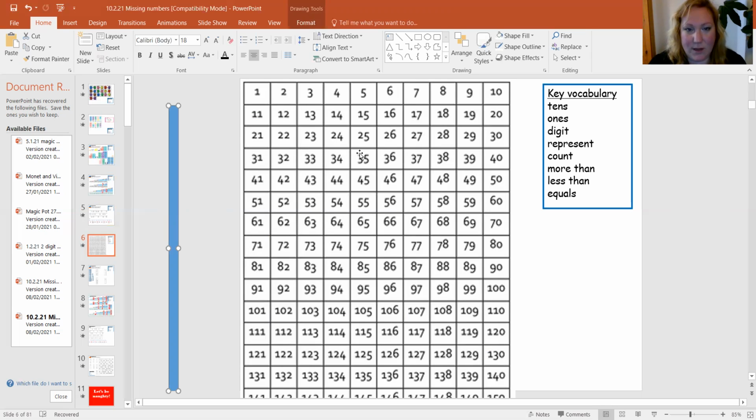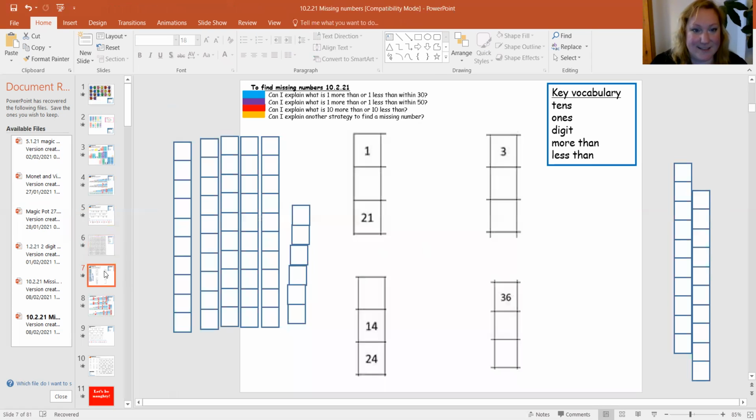Here's my 34. 1, 2, 3, 4, 5, 6, 7, 8, 9, 10. When you go down, it's 10 more. 10 more. 10 more. If you go up, what does that mean then? If it's 10 more to go down, 10 less. 10 less. 10 less.